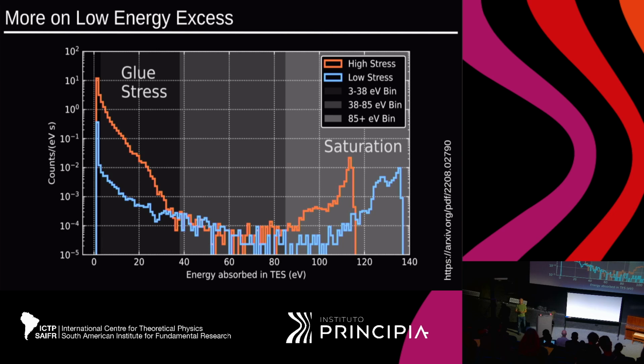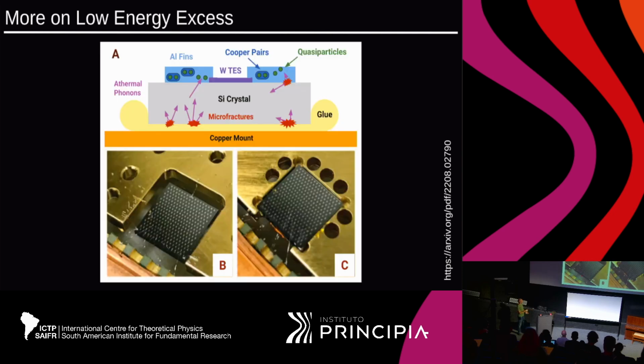On one hand, we already knew that mechanical stress can produce these low energy events. And yeah, for sure, you are going to have more mechanical stress here because there is also a thermal expansion coefficient mismatch between silicon and copper. Both things expand and contract at very different rates when you change the temperature.